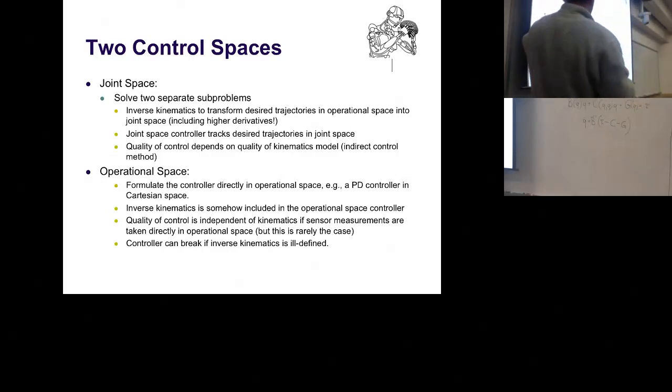This is essentially what operational space control is doing. It directly looks at what my errors in task space are and reflects them down into a motor command. In general, all these things have explicitly or implicitly inverse kinematics inside.